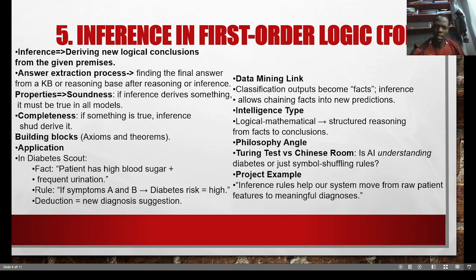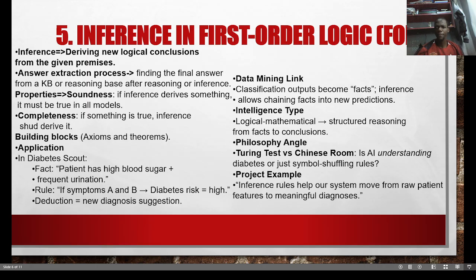And of course, in the Sugar Scout, as I told you earlier, our project, we have the fact that the patient has high blood sugar. That is the premise. We have another premise that the patient frequently urinates. That is another premise. So we see that if symptom A and B, then diabetes risk is high.